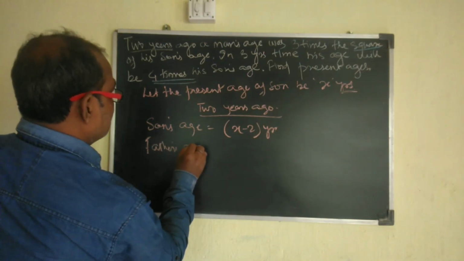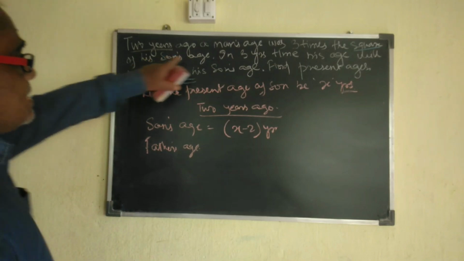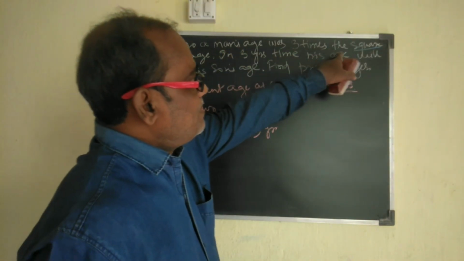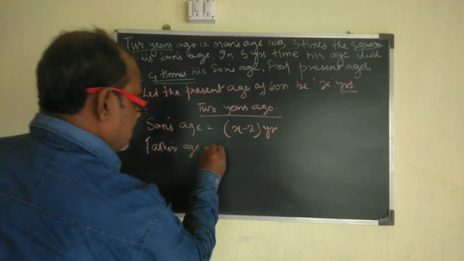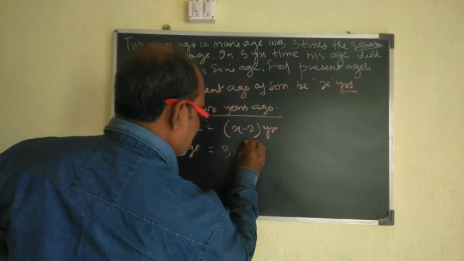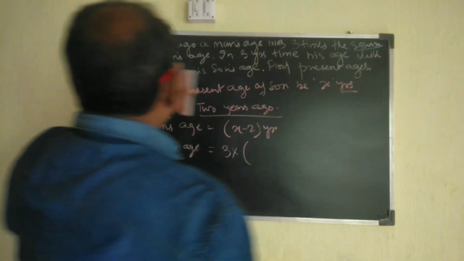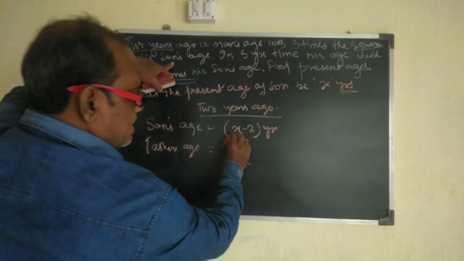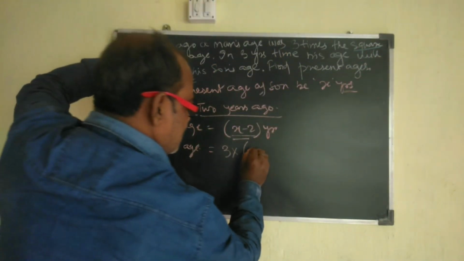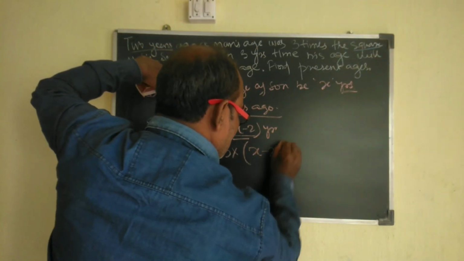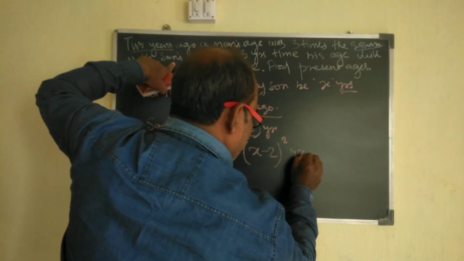Father's age: 2 years ago, the man's age was 3 times the square of his son's age. The son's age was x minus 2, so the square of this is x minus 2 whole square here.